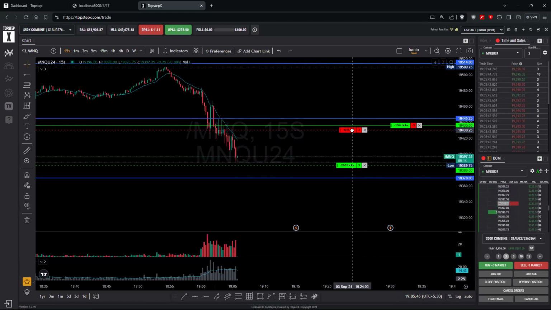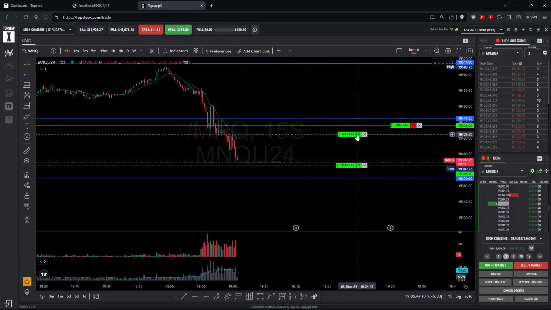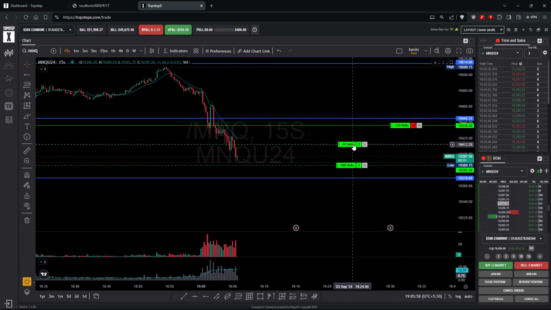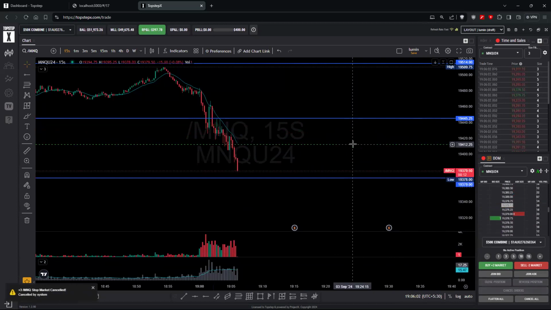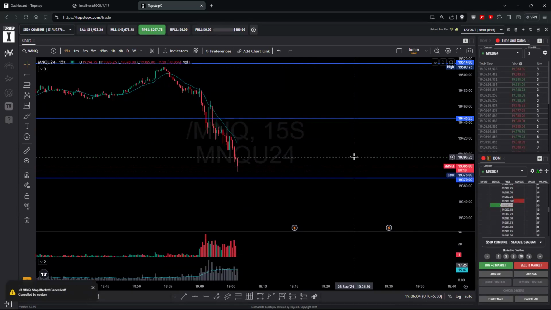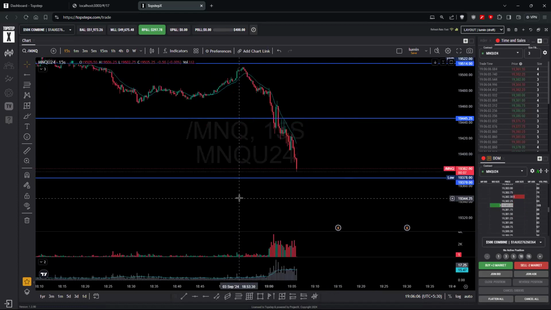So I can just trade it further. Now I won't get any loss from this position. I can just trail the position further. You can see, perfect. I'm pretty happy with this trade.